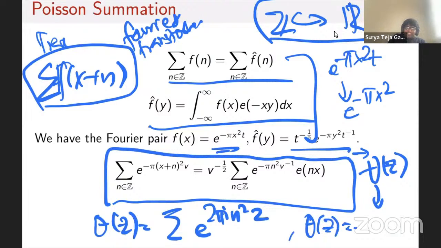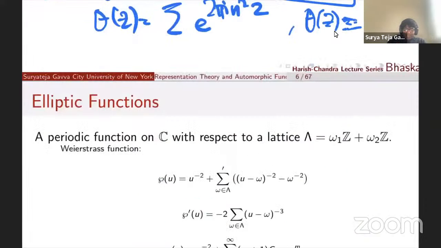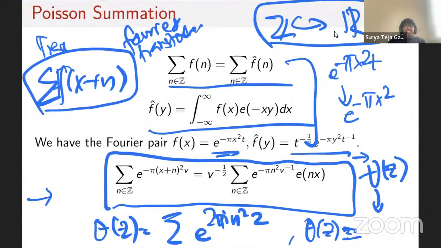So this relation between f and f hat, and the fact that f hat is quite similar to f, gives you relations on theta z. So that's one of the first instances where people found some modular objects.